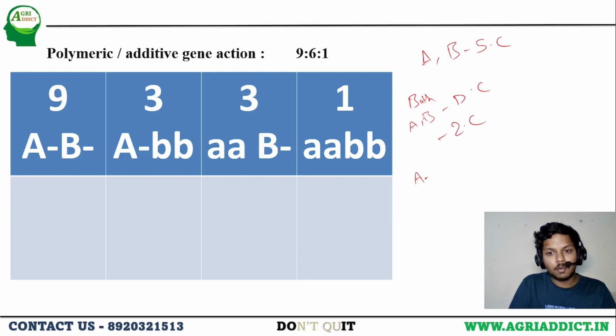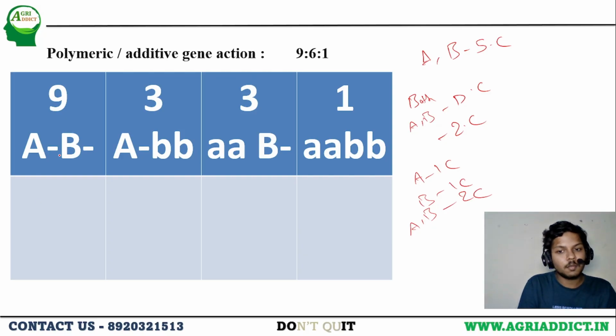Like if A produces 1C, B produces 1C, when both A and B are in dominant state, then it will be produced as 2C. Here you can see both are in dominant state, so it will be 2C. Here 1C, here also 1C, here it will be 0C.